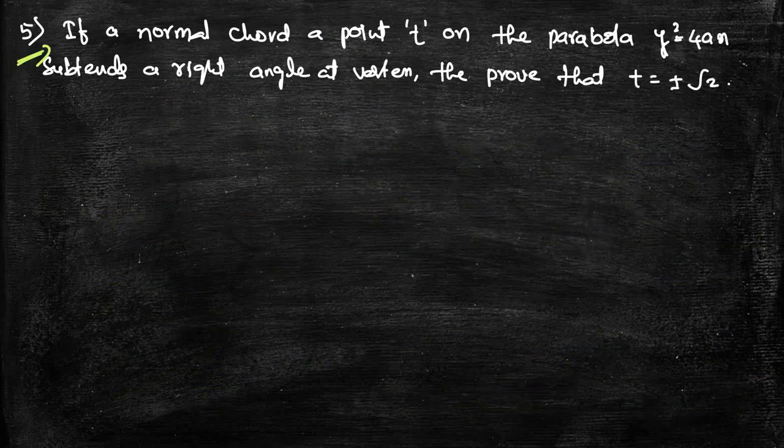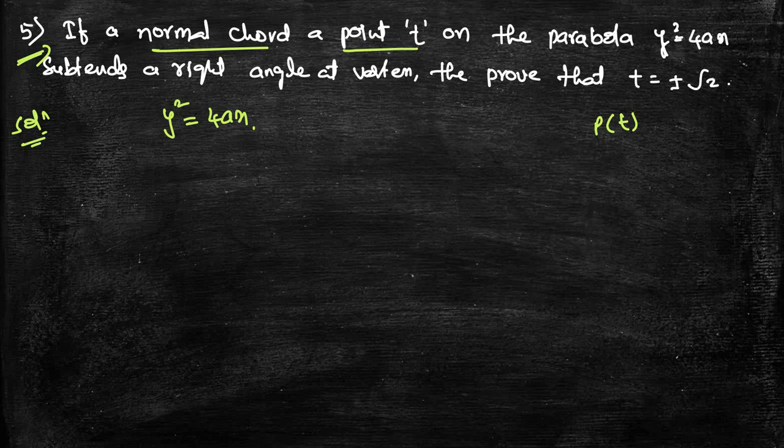Now the fifth question is: if the normal chord at a point t on the parabola y square is equal to 4ax subtends a right angle at the vertex, prove that t is equal to plus or minus root 2. So the parabola is y square is equal to 4ax, the chord subtends a right angle at the vertex.